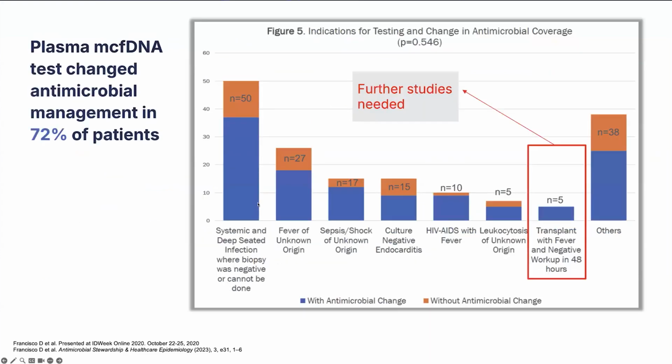So we looked at the impact of that detection on management and found that in 72% of the patients who had a positive Karius test, it resulted in a change in antimicrobial therapy across different infection syndromes, whether it was a deep-seated infection, FUO, septic shock, or culture-negative endocarditis. However, when you look at the box in the red, you realize that there were only 5 transplant patients in this cohort. So therefore, this study did not give us the answer as to what is happening in our transplant patients where Karius is being sent.